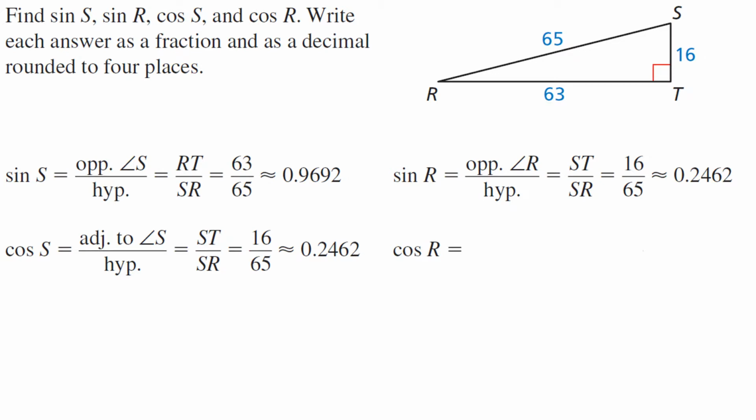Cosine of angle R. If I'm at R, the adjacent leg is now 63. Hypotenuse, of course, is 65. And I get an answer of 63 over 65. And if I want a decimal equivalent, I can do 63 divided by 65 and get a decimal. Directions said round to 4 places.